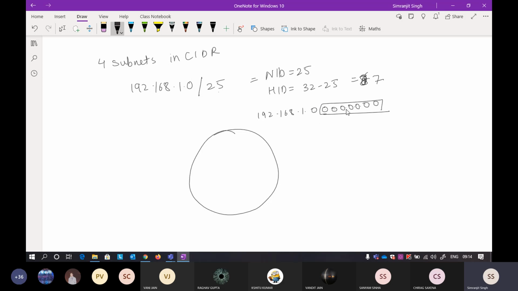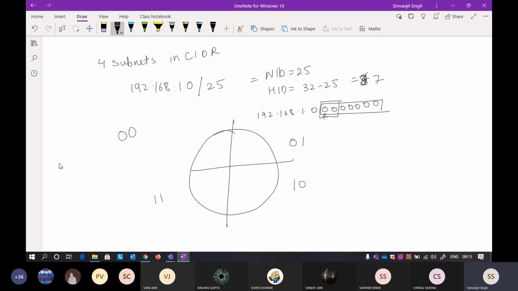So I'll just fix 1 bit from here. Sorry, I'll have to fix 2 bits, because I want to divide it into 4 parts. It will be 0 0, 0 1, 1 0 and 1 1. Now you can again identify what the range will be.